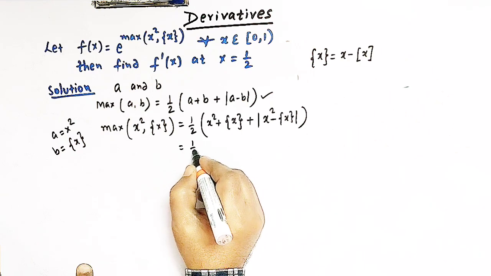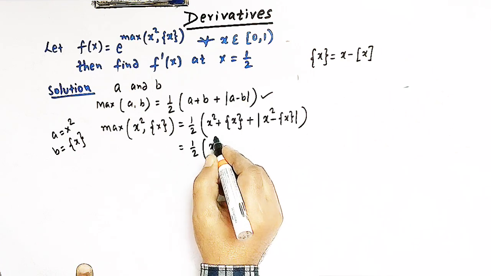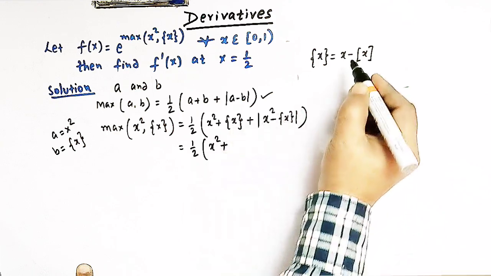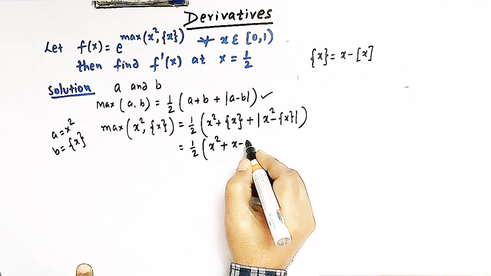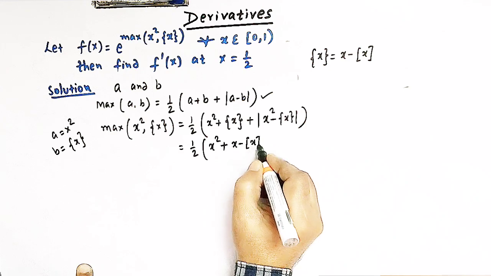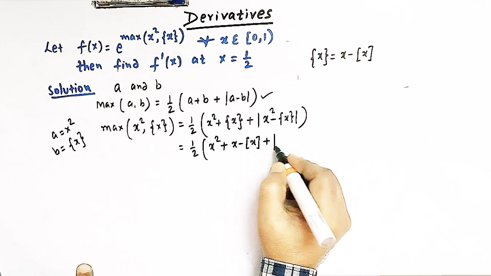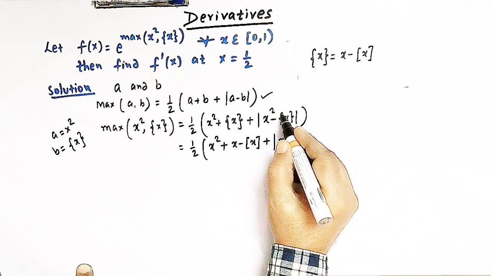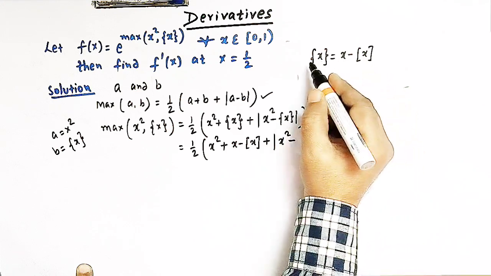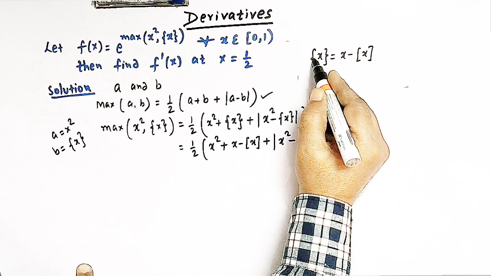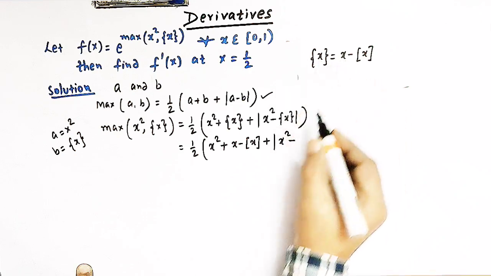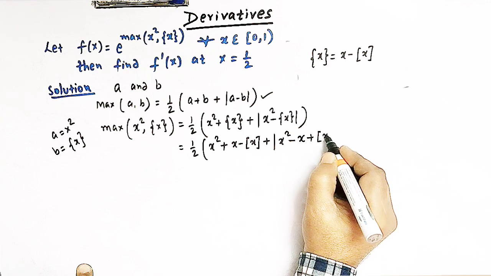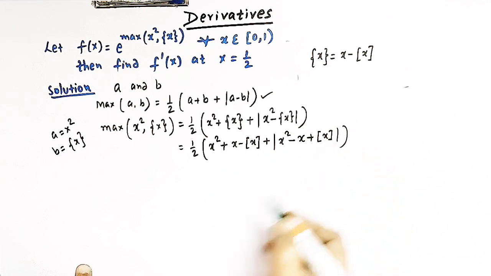So we can now write half, and here we have x square, and for the fractional part of x we can write x minus the greatest integer of x, and then here we have x square minus the fractional part of x. Multiplying the fractional part of x by the negative sign, we have minus x, and then we have plus the greatest integer of x.